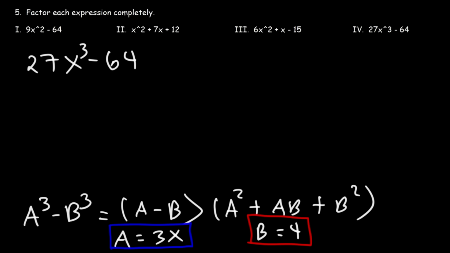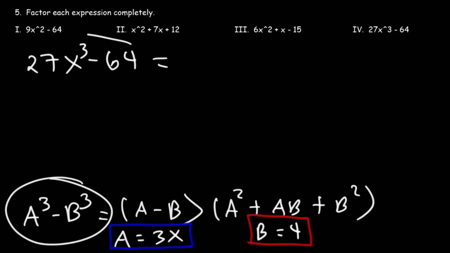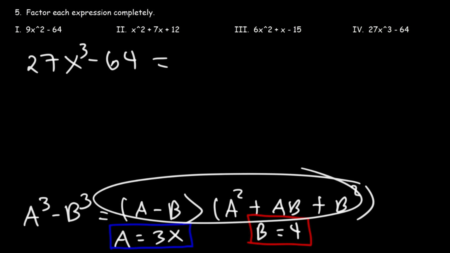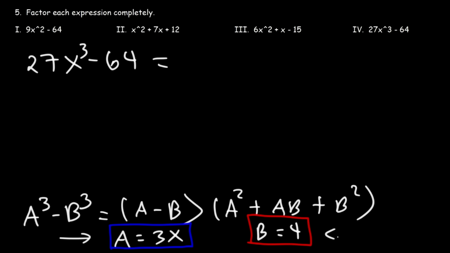Now let's go back to this one. So we have the left side of the formula here. All we need to do is complete the right side, now that we know what A and B are equal to. So A is 3x, and then minus B, which is just 4.